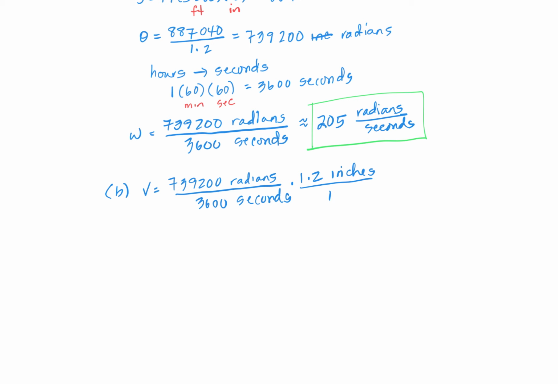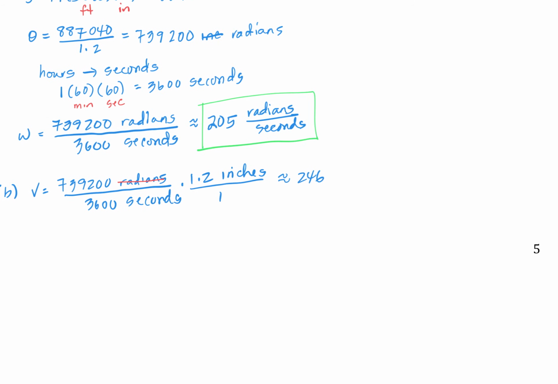And you could write that over 1 if you wish. So remember, we never really have to write the radians. When I put 739,200 times 1.2 divided by 3600, that's inches per second. And that would approximate to 246. If you would just use the 205 from part A, you would get the same 246 inches per second.